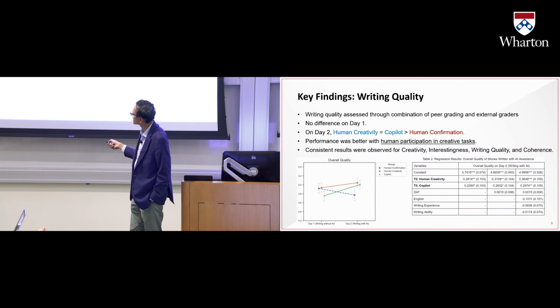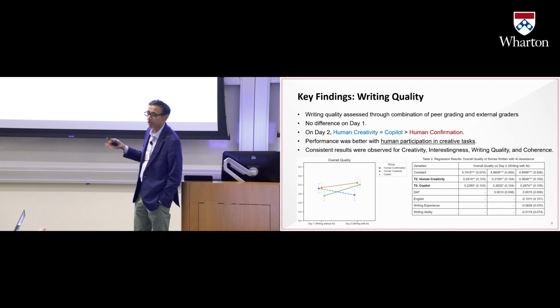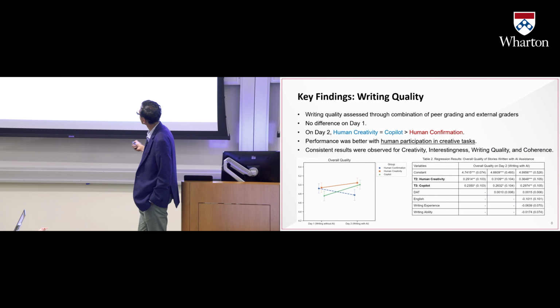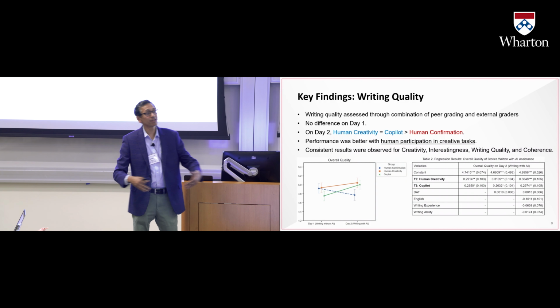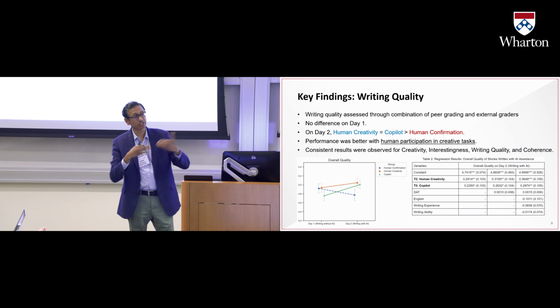And this result is true even after you control for individual-level characteristics such as their creativity levels, English proficiency, writing ability, and so on. In this regression, the baseline group is the human confirmation group. The human confirmation group pretty much has AI do everything. They just confirm AI's work, accept or reject it.